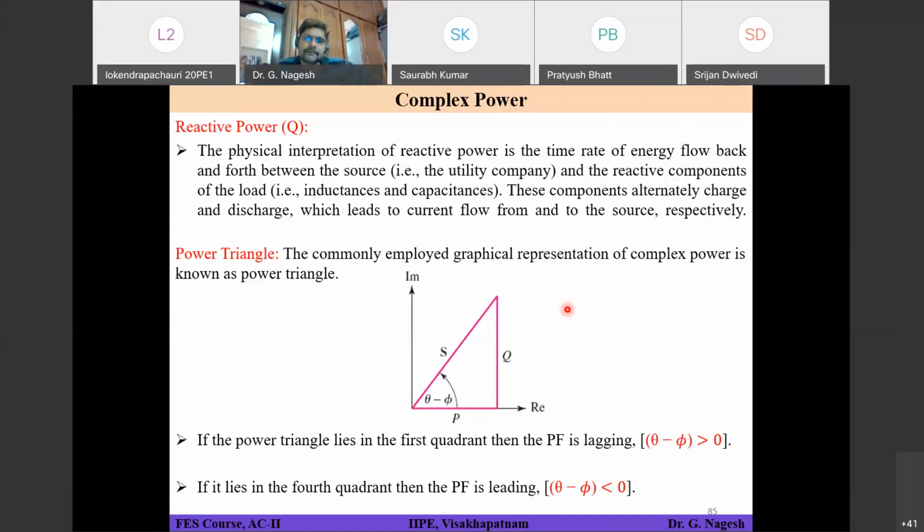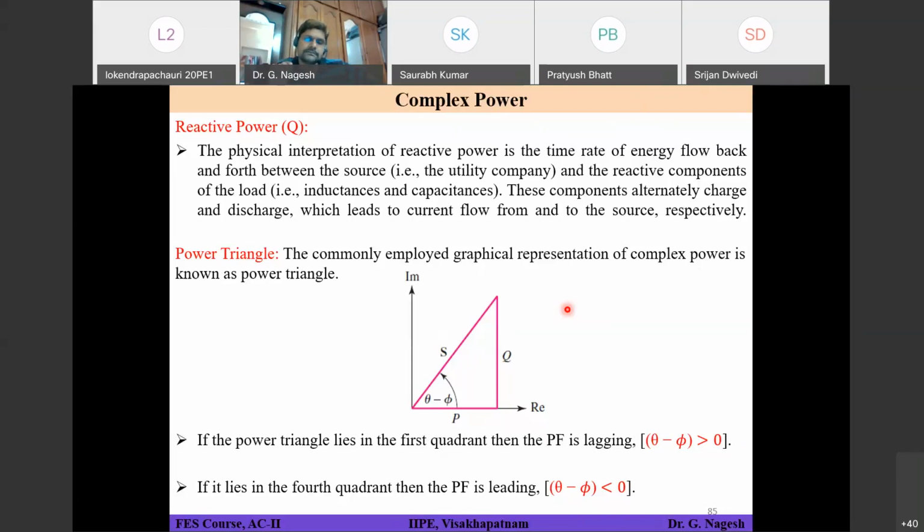Its value is not equal to 0. It is varying with respect to time. So how much it has charged, let's say in half cycle, in the next half cycle it will discharge that much. Sir, average power is 0? Yeah, average power is the term for P. So the average power P for this inductor is 0.